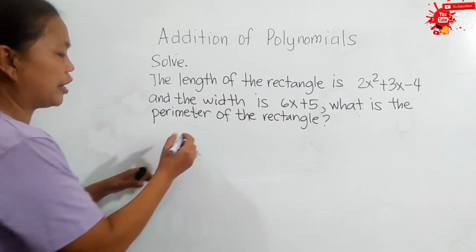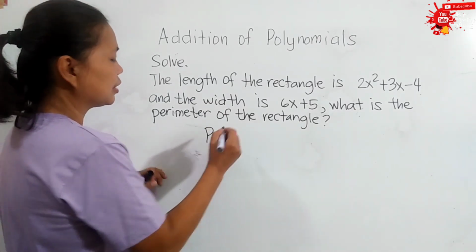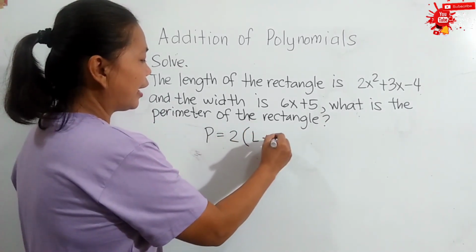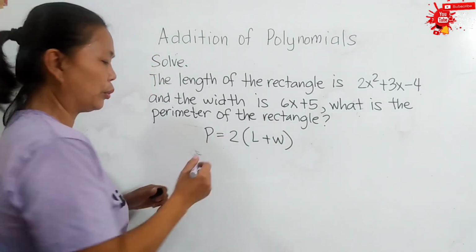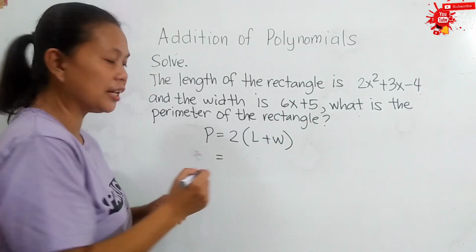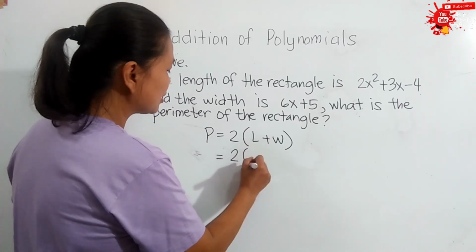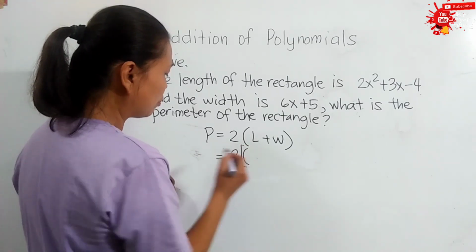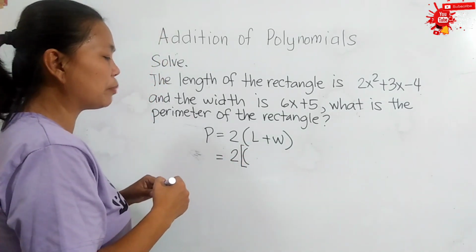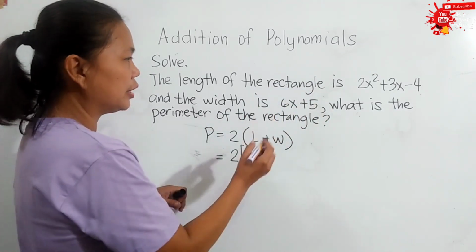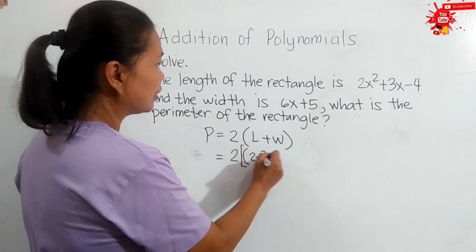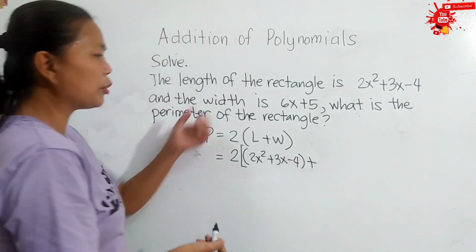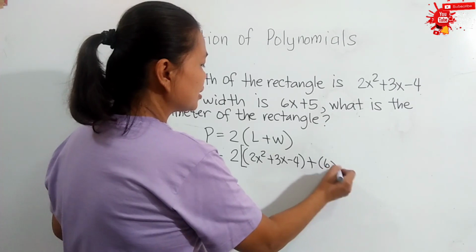Okay? So we have here the formula, which is twice the sum of the length and the width. So let us substitute the given values. So we have here 2 times the length, which is 2x squared plus 3x minus 4, plus our width, which is 6x plus 5.